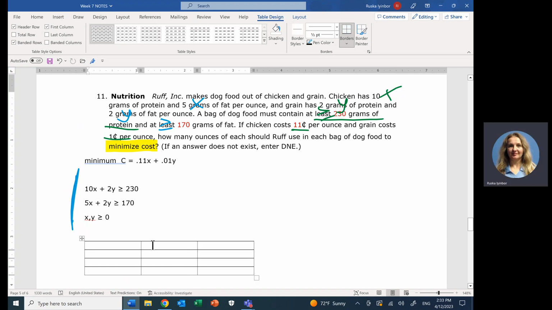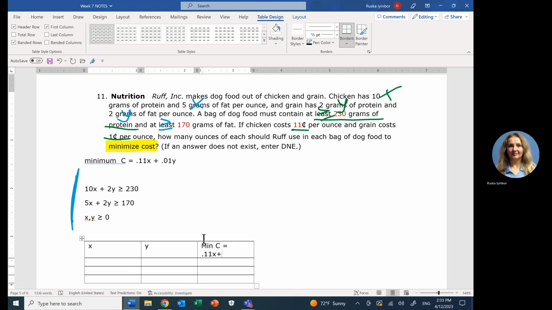The first column is going to be the X, the second column is going to be the Y, and in the third column, I'm going to calculate the cost function, which is 0.11x plus 0.01y.